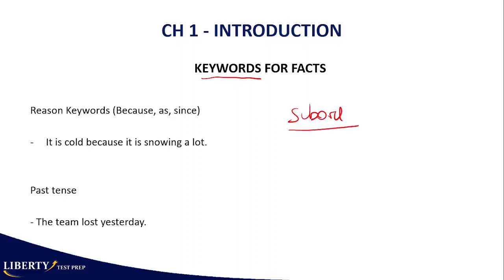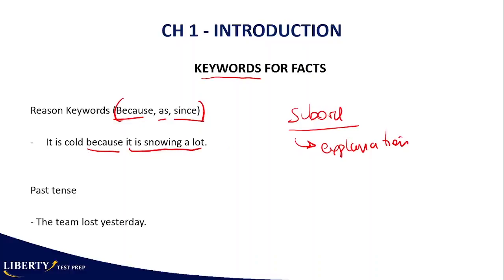Those words have different meanings, but some subordinators have the meaning of explanation, and these are words like because, as, since, okay? So whenever you start a clause or a sentence with one of these words, then that's a fact. That subordinate clause cannot be an opinion. Okay, if I say, because it is snowing a lot.